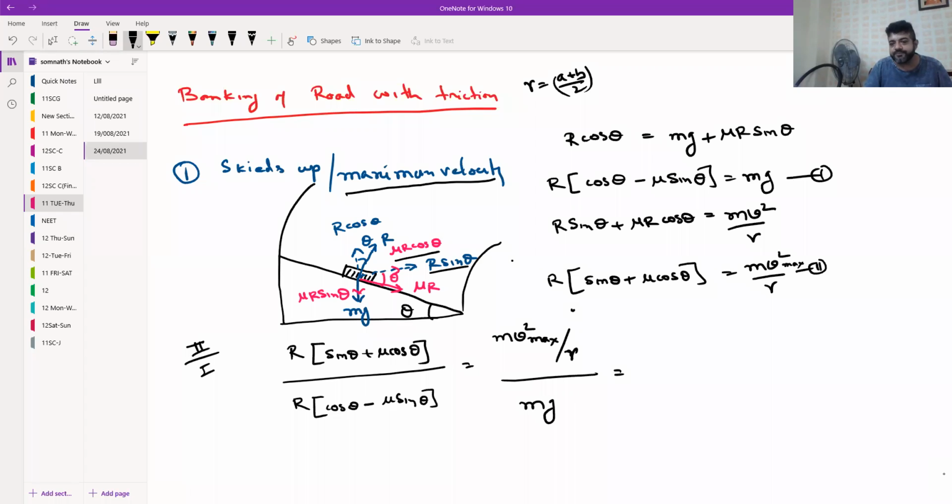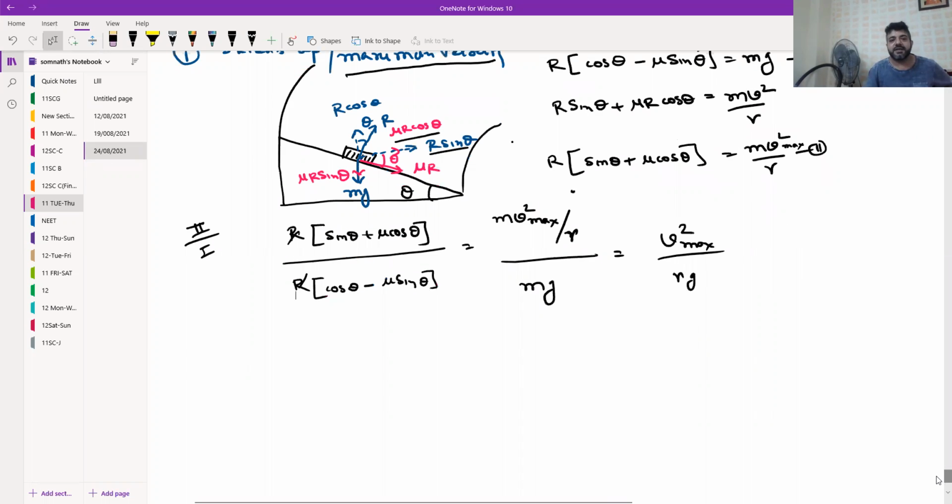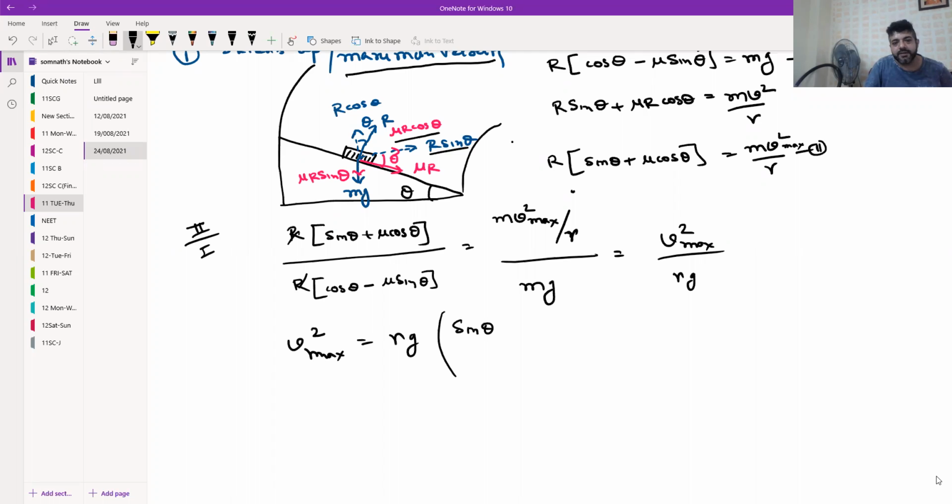So v max square by r g. I can cancel this r. So overall, v max square is r g times sin theta plus mu cos theta by cos theta minus mu sin theta.